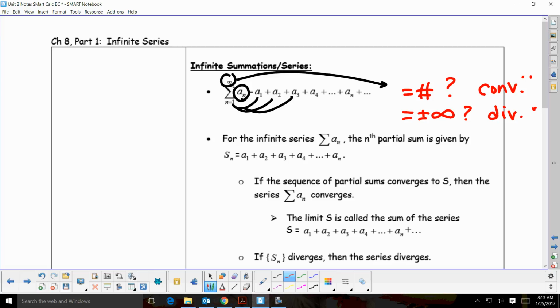Now, some of the tests, we can find what it actually converges to. We can find their sum. Okay? Some of the tests, we can't find the number, but we know it does equal a number. Kind of weird, right? Okay.